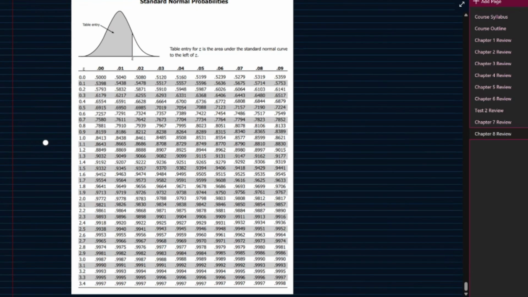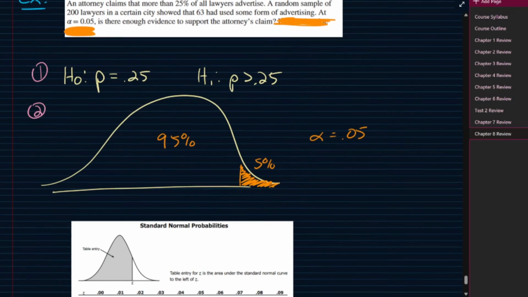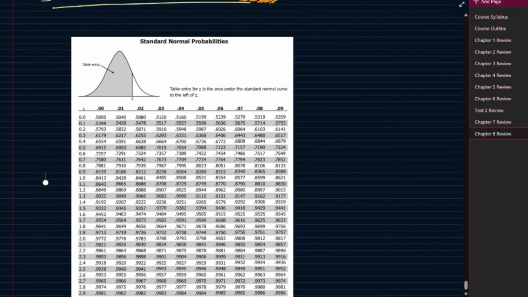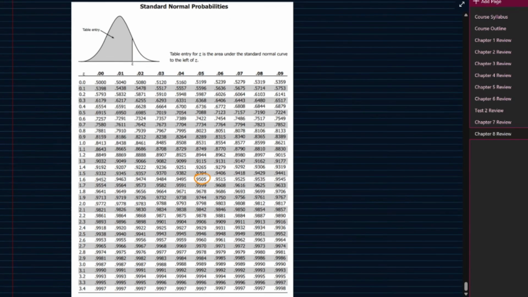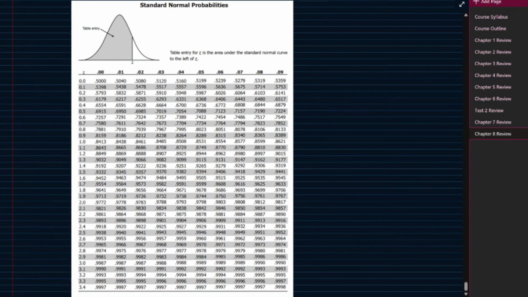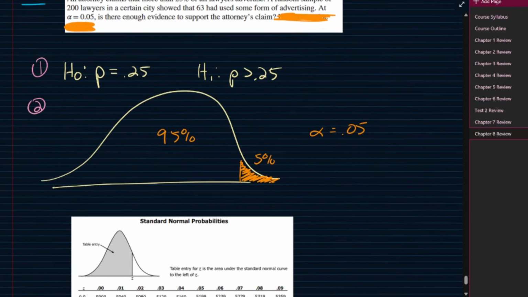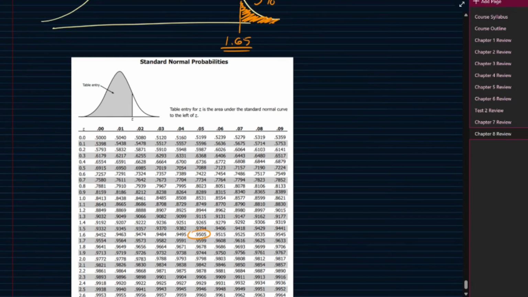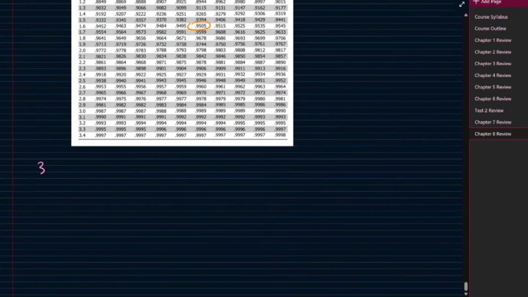So the area to the left of this value is 95%, aka 0.95. Remember, it's one of these two, but we go with 1.65 for consistency. That's our critical value.